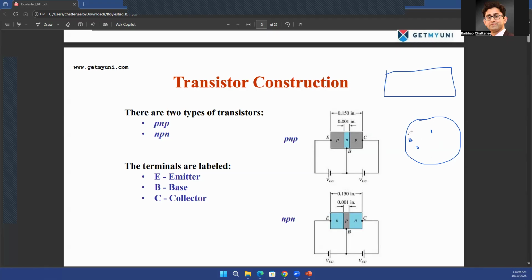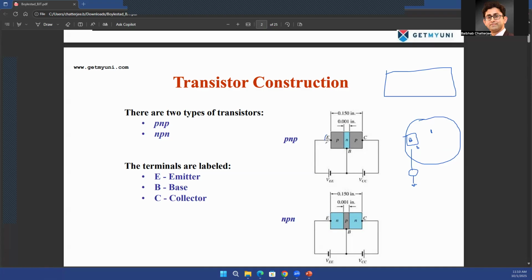This device is here, but you may need to put a voltage here, and that voltage could be 0 volt or the supply voltage, depending on what kind of transistor you're using. So you also need to bias the entire semiconductor. That is called the body terminal, and it generally is termed the 4th terminal. We'll not discuss the 4th terminal today, but when you discuss MOSFETs, that 4th terminal will be clearer. But for now, only 3 terminals are good enough.